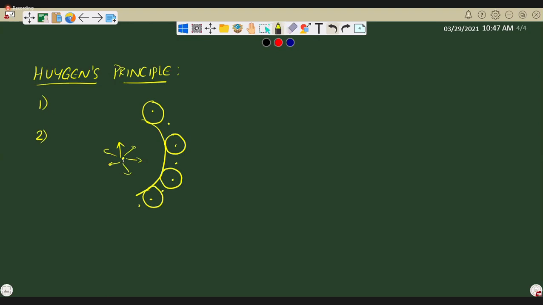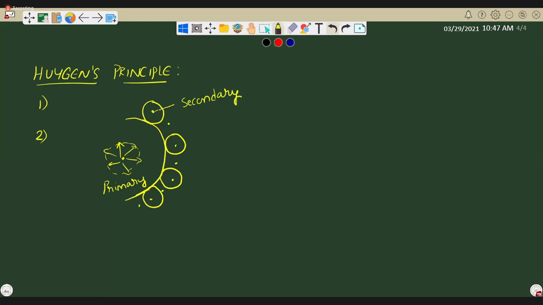See, this is a source. Here already a spherical wave is formed, right? After some distance, I'm just taking a part of the spherical wave. Clear? Now what Huygens said is each point on that spherical wave acts as a secondary source. If this is your primary source of light, these points act as secondary sources of light.